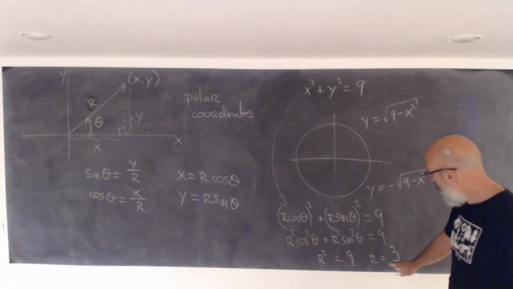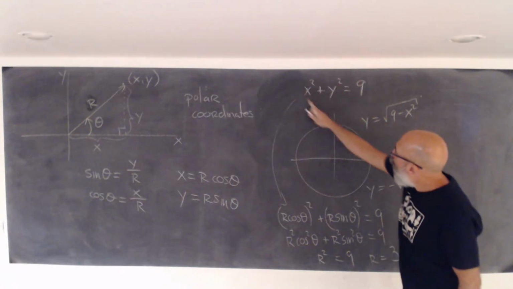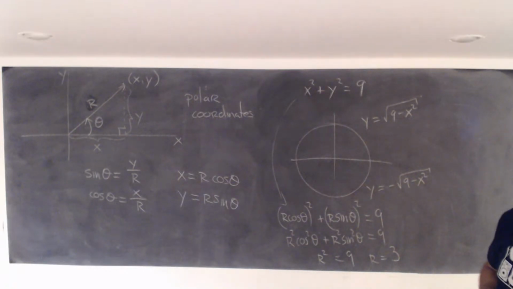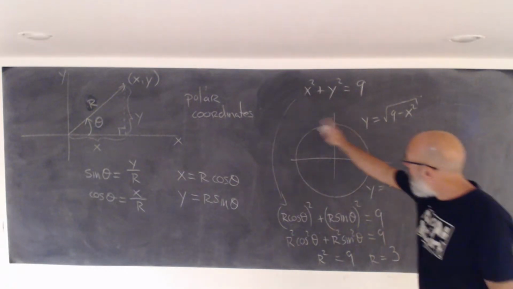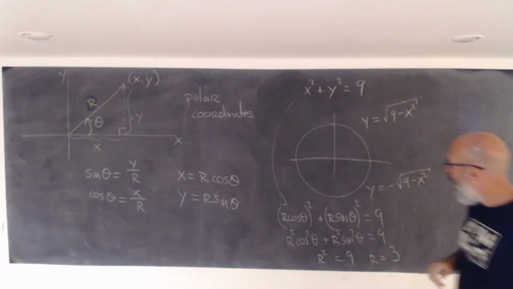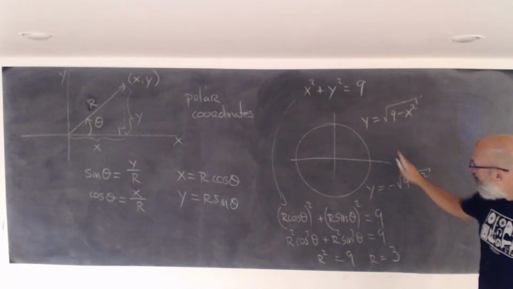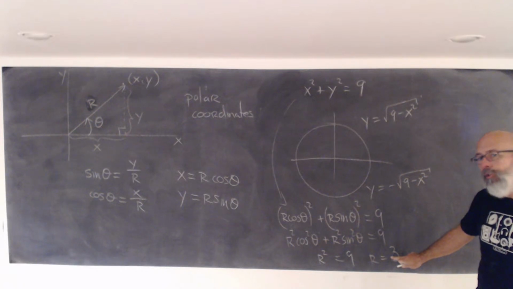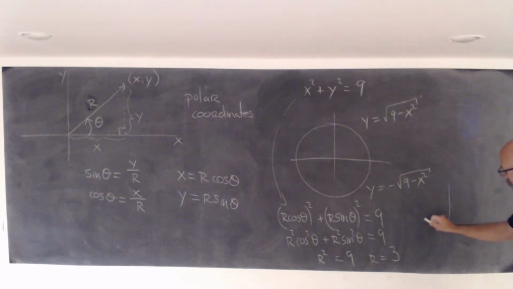In other words, this somewhat complicated circle, this complicated equation to work with in the x and y plane, really has equation r equals 3 in polar coordinates, right? Think about it.